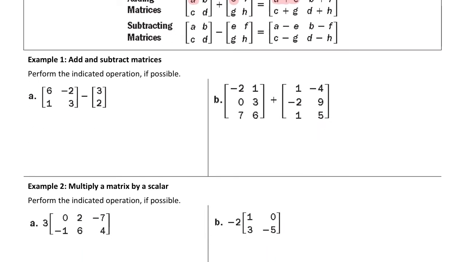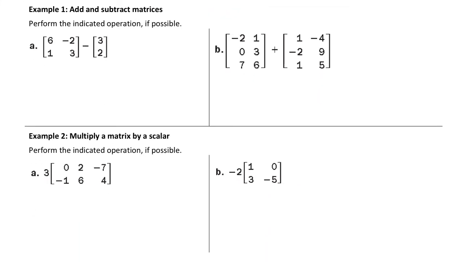So in example 1, when we look at adding or subtracting these matrices, in part A, the first matrix is considered 2 by 2. The second matrix is 2 by 1. So these do not have the same dimension, so we can't subtract.